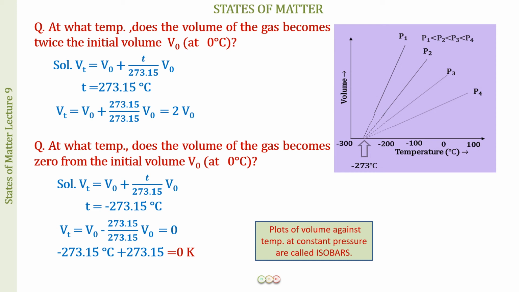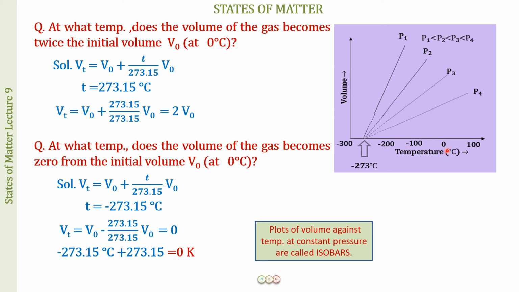Just like we drew the graph for Boyle's law, pressure versus volume at a constant temperature, and we called that graph an isotherm at one constant temperature, similarly over here we have, at the same constant pressure, the plot of volume versus temperature called an isobar.